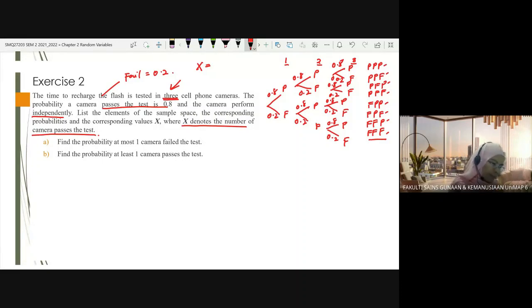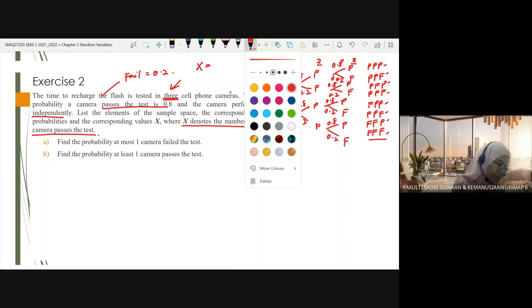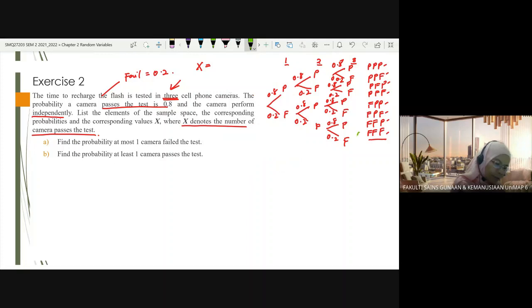Okay, now you have 0 pass, 1 pass, so you can define it from the elements that you have. Here 0, here 1, 1, 2, 1, 2, 2, 3.